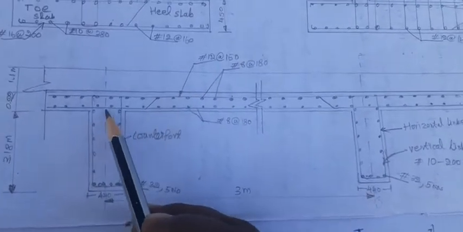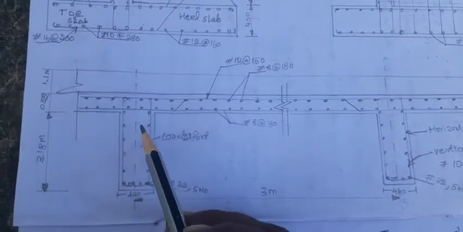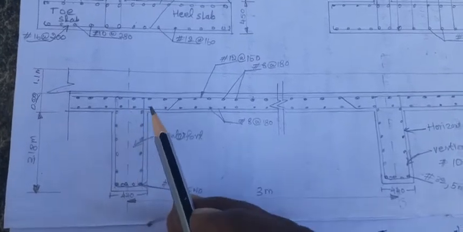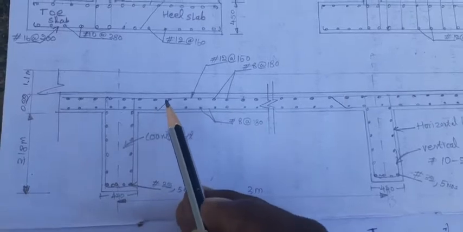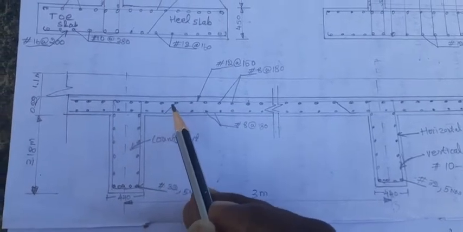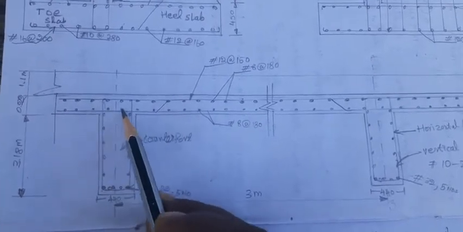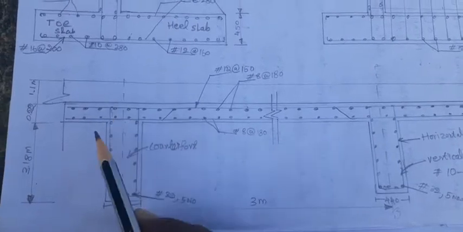Also, at the support section, that means at the counterfort section, there are negative moments, so we have to crank the bars. Here the bottom face is the tension face.